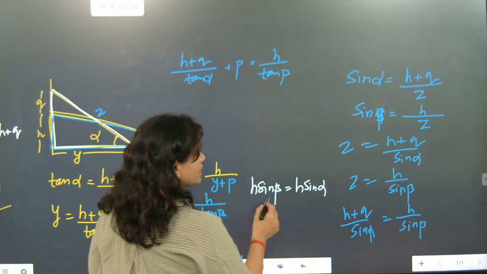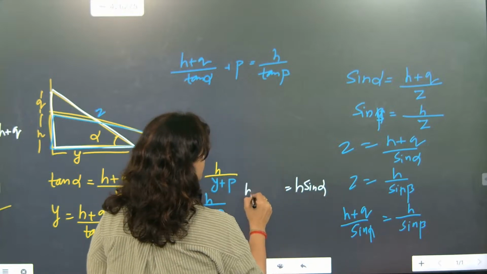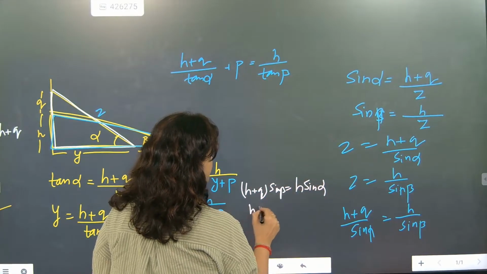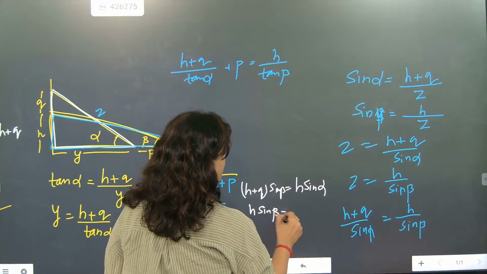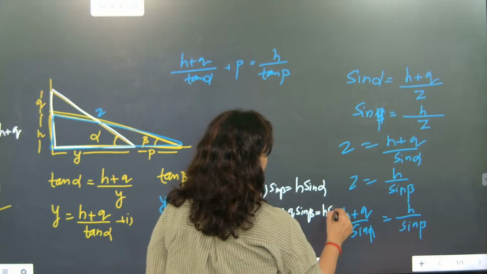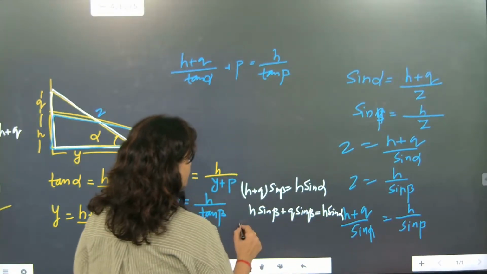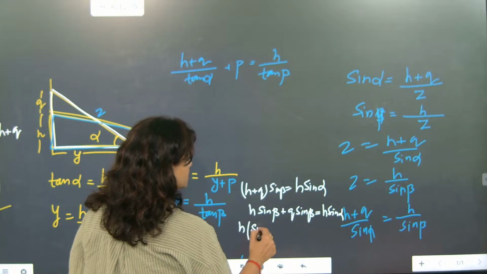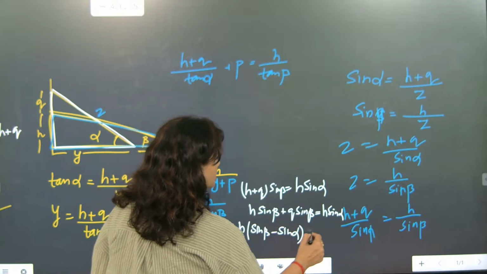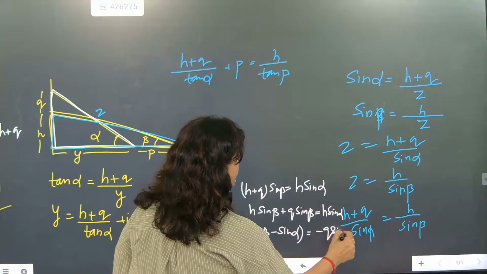So now here it will become h plus q sine beta. So here h sine beta plus q sine beta equal to h sine alpha. So because we will shift this one, it will become h sine beta minus sine alpha is equal to minus q sine beta. That's it.